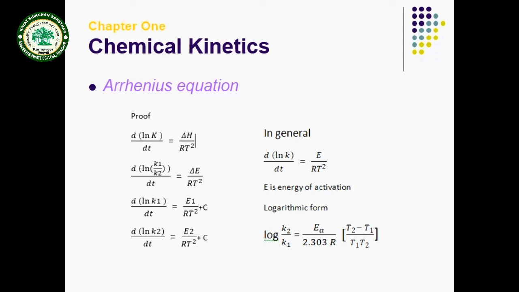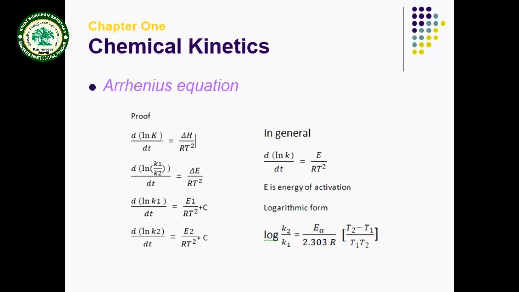That's why the equilibrium will get established between reactants and products, and therefore here the equilibrium constant K will be replaced by k1 upon k2. And here delta H will be replaced by delta E, internal energy, rather than the enthalpy.